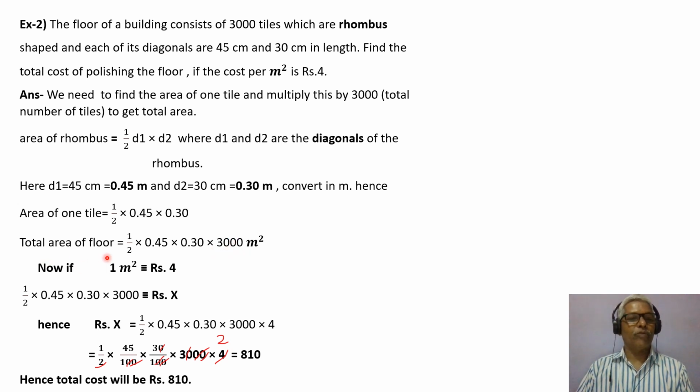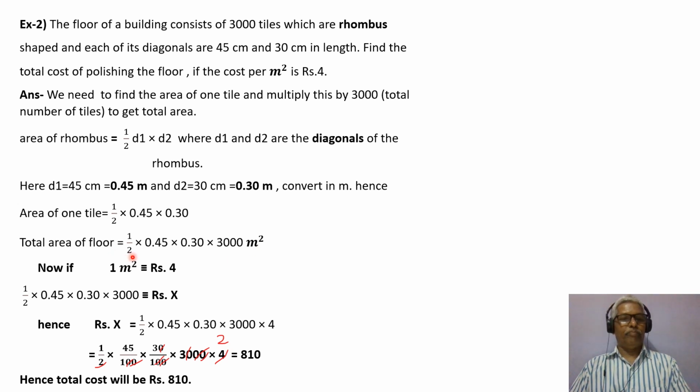So the total area of the floor is equal to the area of one tile into 3000 meters square, because we have already converted these into meters. So half into 0.45 into 0.30 into 3000. Don't calculate this at this stage also. You might get some benefit of keeping it as it is.